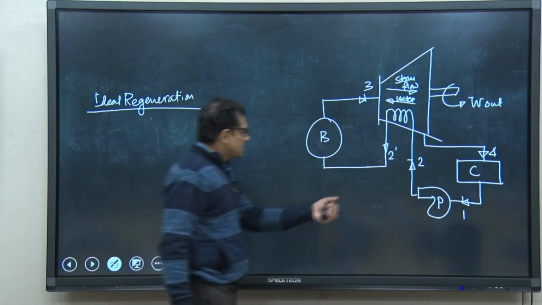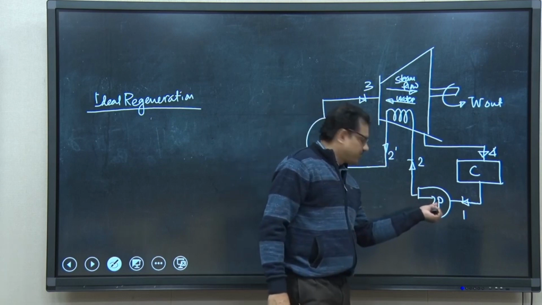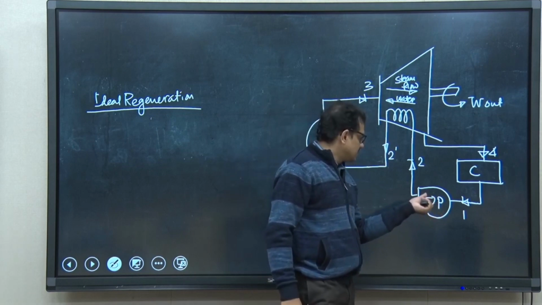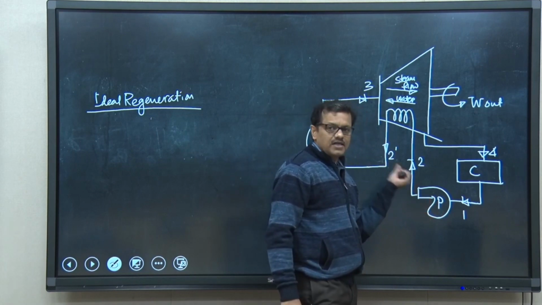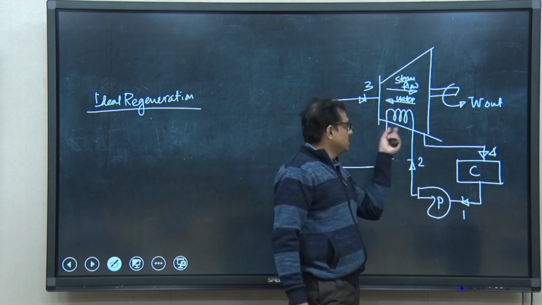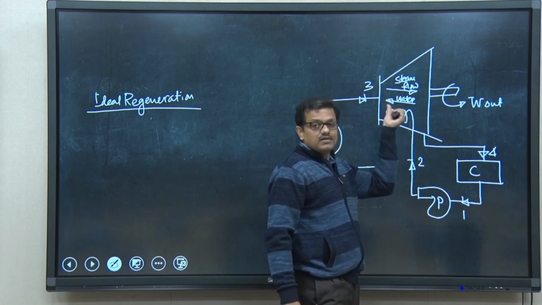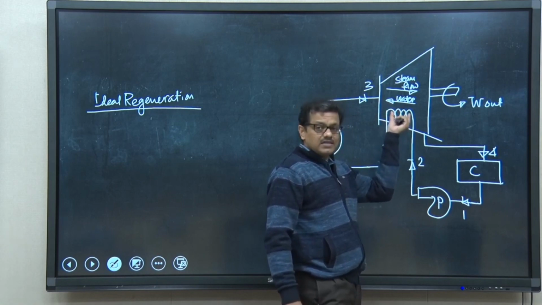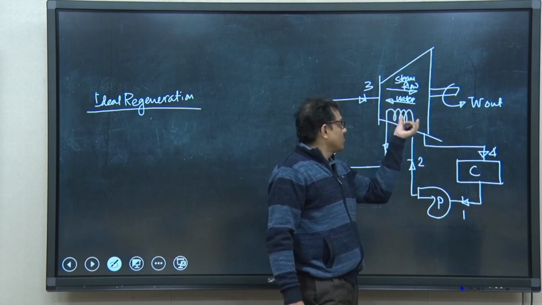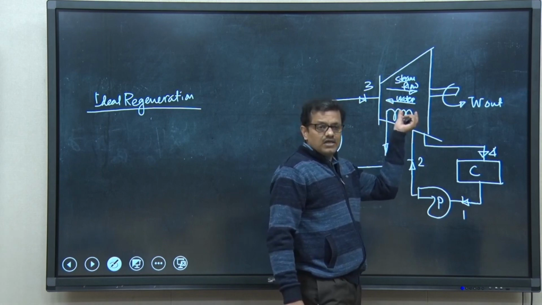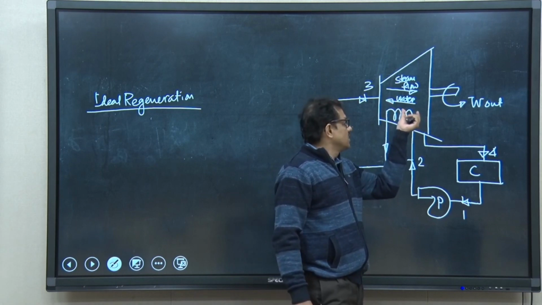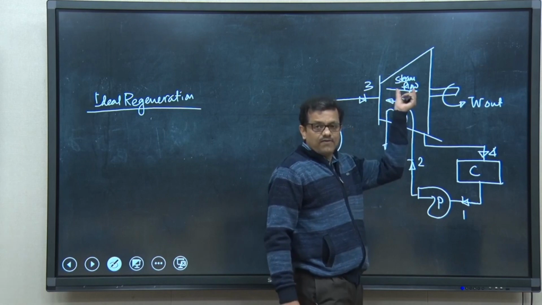What we can see is that the feed water which is pumped, instead of being taken directly into the boiler, is now circulated through this special arrangement, and this arrangement is placed inside the turbine, and water is allowed to flow in the direction opposite to the direction of the steam flow.